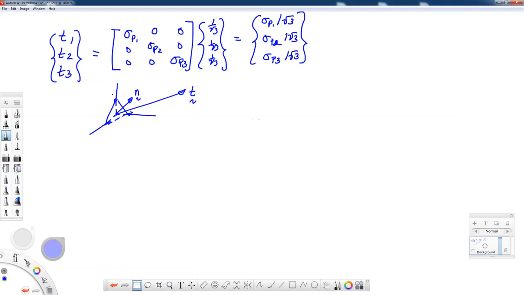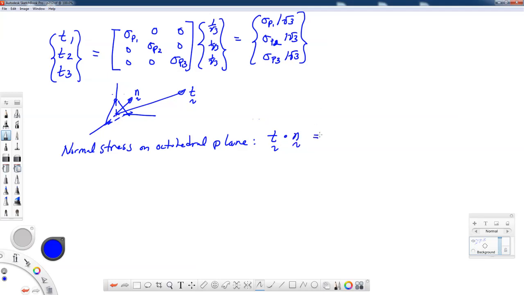First, let's find the normal stress that is acting on the octahedral plane. The way we find that is we project t in the direction of n. Basically, we're going to take t and dot it with our unit normal.